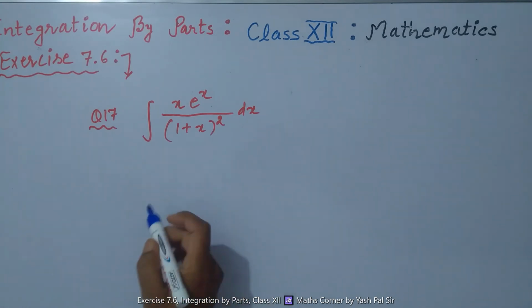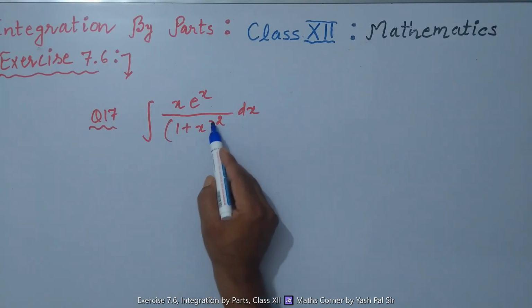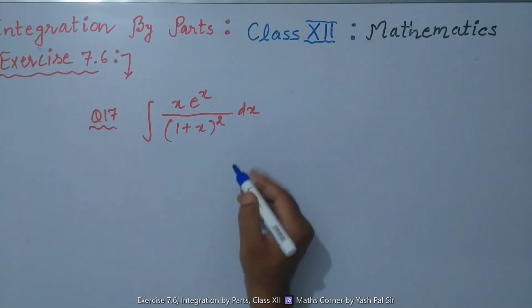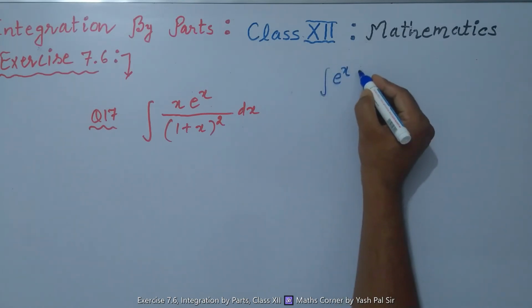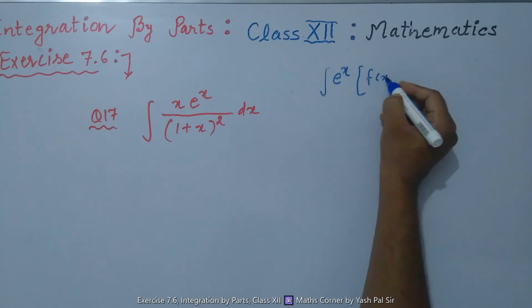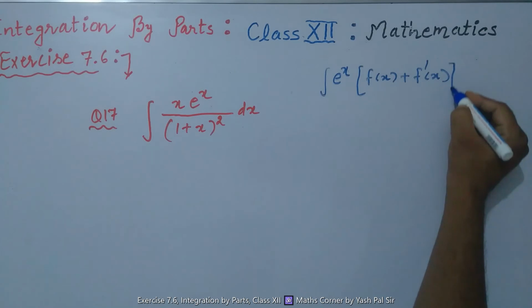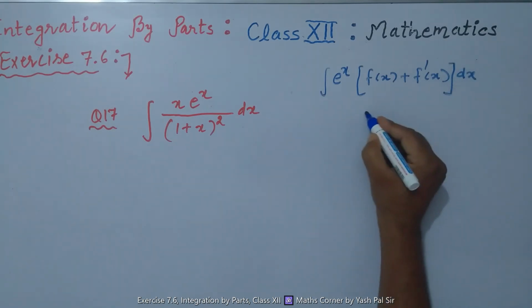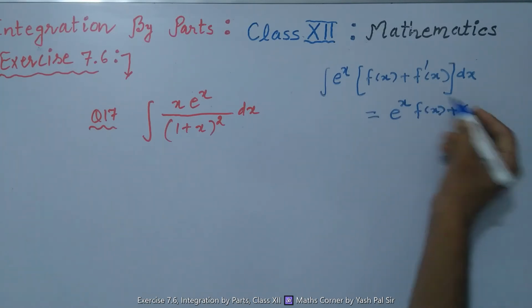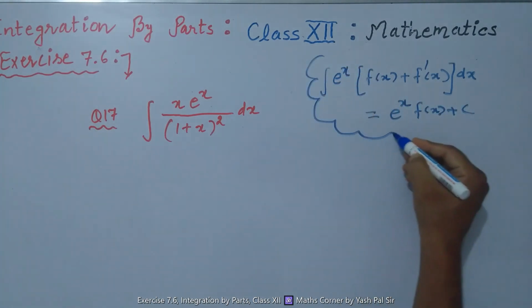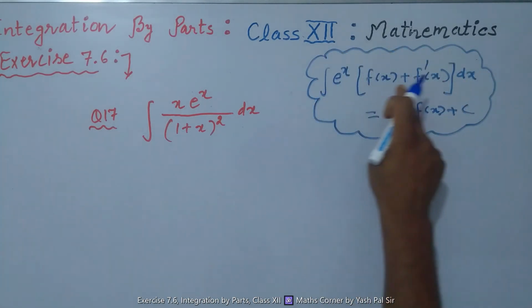Question number 17 is the integration of x into e power x divided by 1 plus x whole square. So first of all, writing the rule: integration of e power x into f of x plus f dash x dx is equal to e power x into f of x plus c. First of all, we are going to reduce the given function to this form.